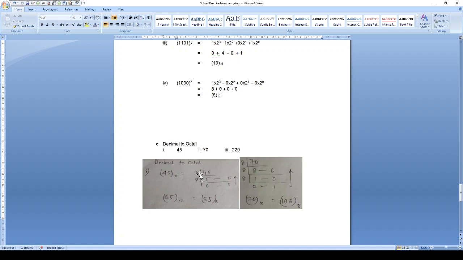So divide by 8. Divide 45 by 8. You will get 5 as quotient and 5 as remainder. Again, you cannot divide. So bring this 5 in the remainder and write the remainders in the reverse order you have got. So it is 5, 5 in octal. See, I am not telling fifty-five, I am telling 5, 5.